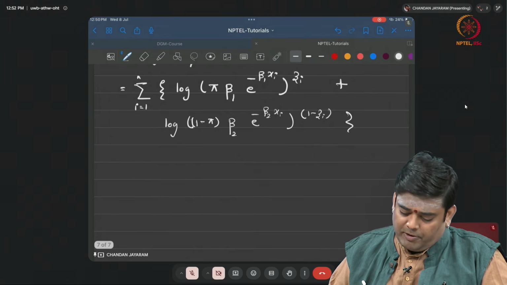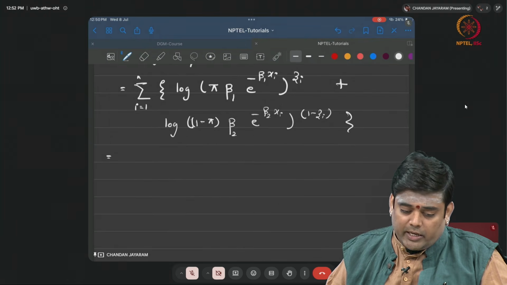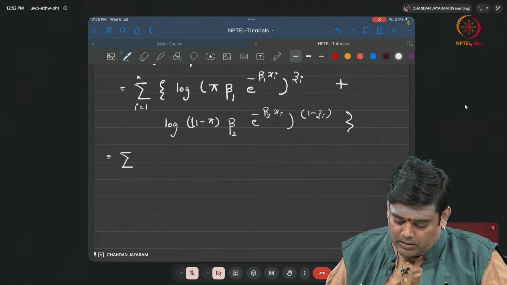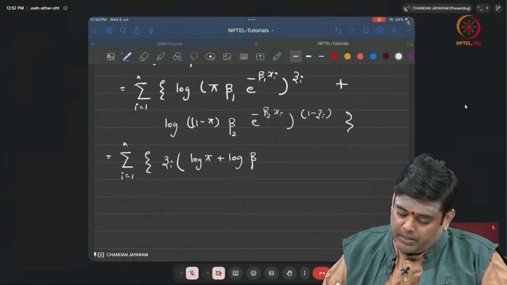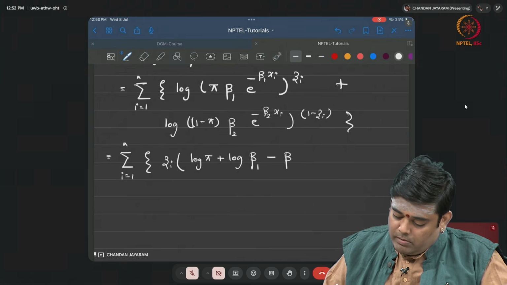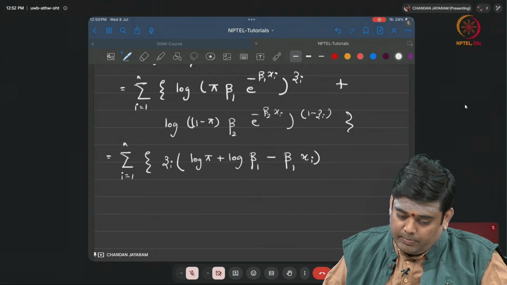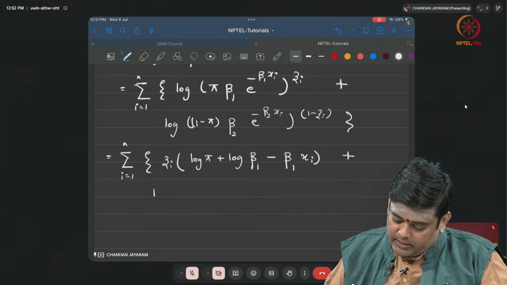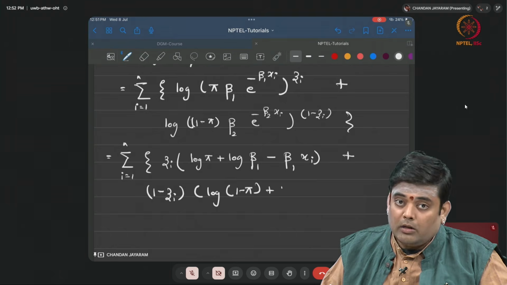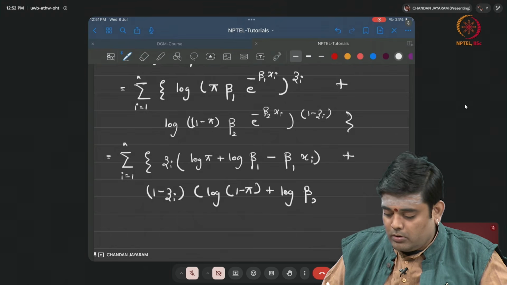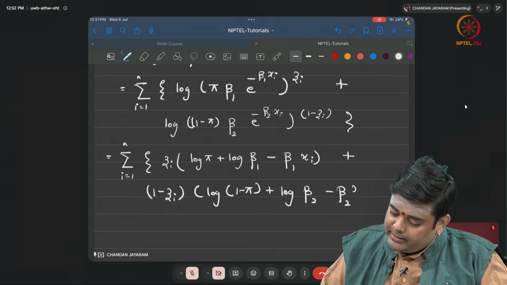Now we can further simplify this by taking the log inside. So this will be summation i equal to 1 to n of zi into log pi plus log beta 1 minus beta 1 xi, plus 1 minus zi into log of 1 minus pi plus log of beta 2 minus beta 2 xi, okay.